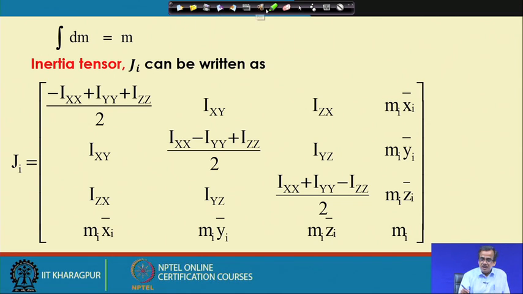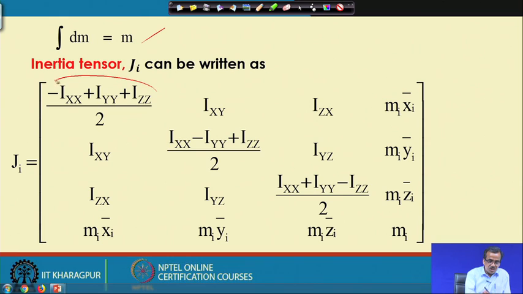Now, I am just going to concentrate on this very well known inertia tensor, which is available in all the textbooks. But how to derive this particular inertia tensor, the general expression? Let us try to find out.